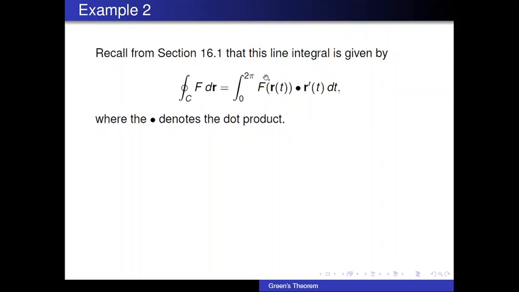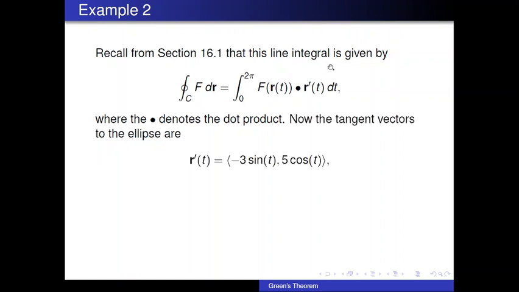So let's compute each one of these vectors so that we can get this dot product and get off the ground here. So the tangent vectors to the ellipse, given the parameterization we had, would be r prime of t is minus 3 sine of t in the first component and 5 cosine of t in the second component.